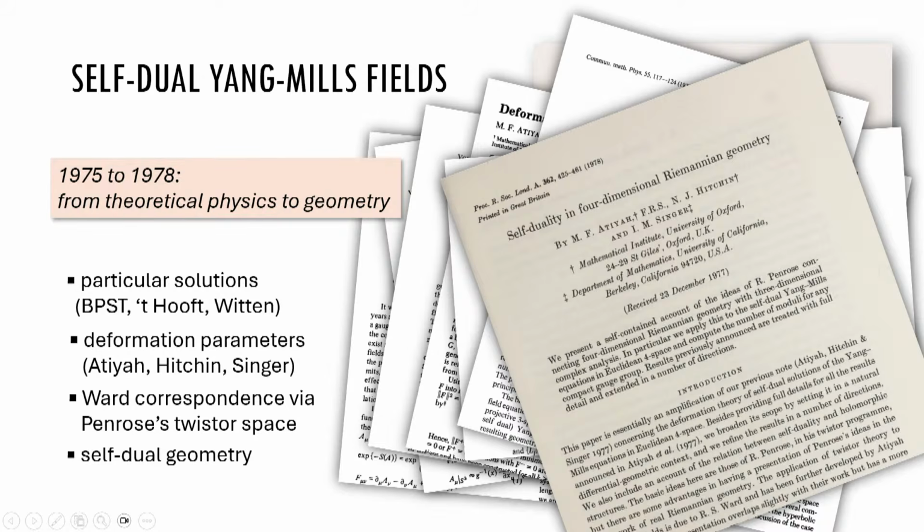This period of geometry, studying self-duality for its own geometrical sake, culminated perhaps in this paper of Atiyah, Hitchin, Singer, this lovely survey, where they bring together some index calculations which I referred to, Penrose's twistor ideas, the Ward correspondence, and many other aspects of index theory and topology and geometry in that paper.